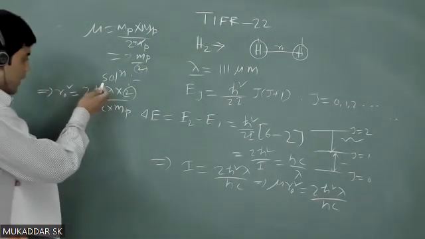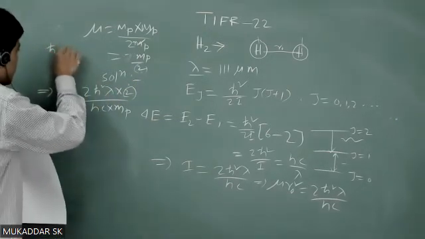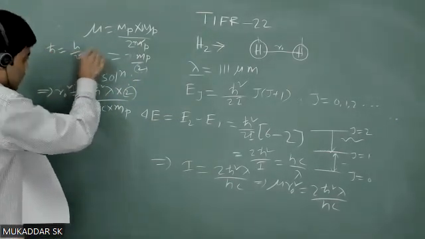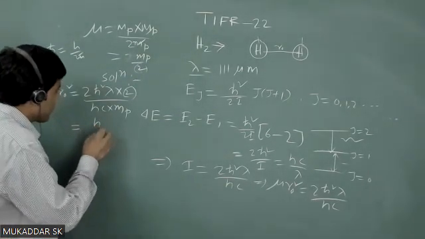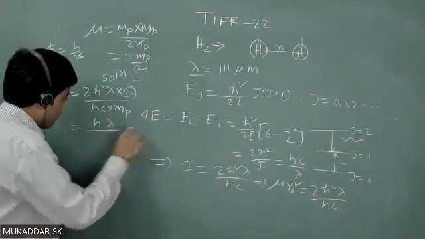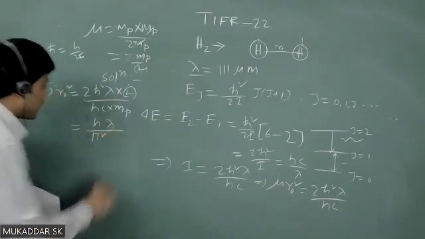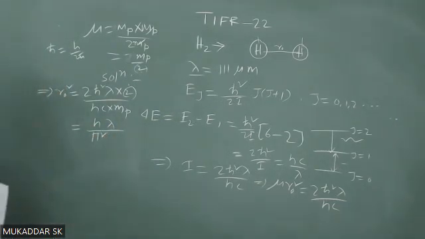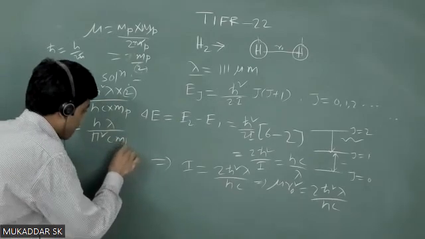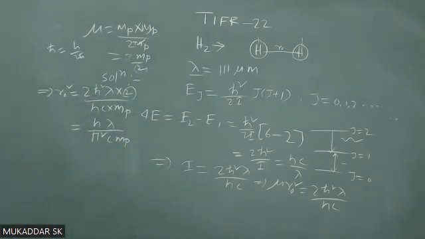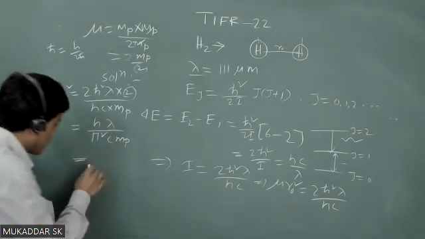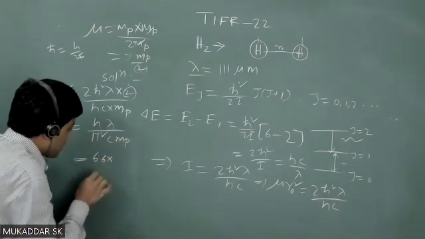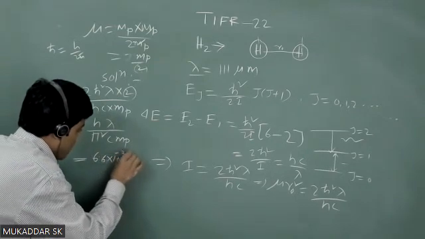Now, in place of h cross, I can write h by 2 pi. If I write this, I'll basically get h lambda divided by pi square into c into Mp. So now every value is given. h is 6.6 into 10 to the power minus 34.